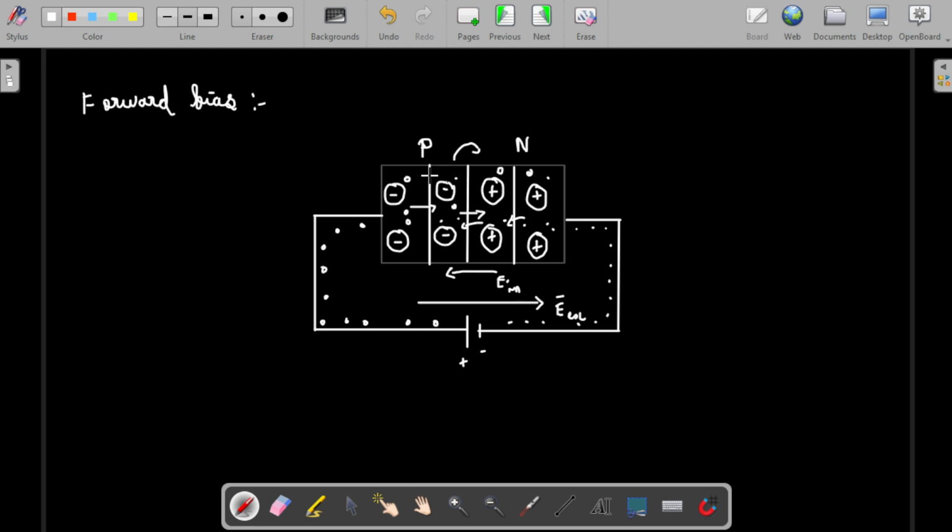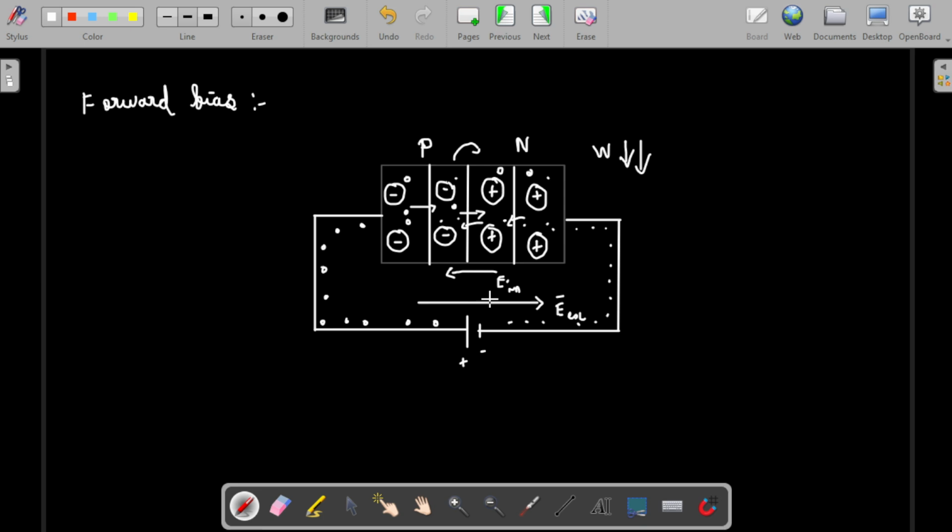Then what will happen? This depletion region will be nullified. If it is forward bias, this depletion region will be decreased, much decreased. It may not even exist, so this potential barrier will be removed. I think you guys are able to get it, right? So the depletion region will reduce, and holes will traverse from the P to the N region because of the external supply, and electrons will traverse from the N to the P region because of this external supply.